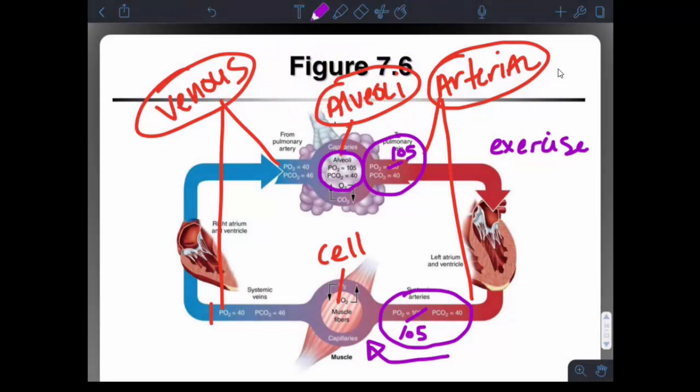Because during exercise, our muscle cells are working, okay? And when our muscle cells are working, they're using oxygen and they're producing CO2. So what we see during exercise is the cells have lower oxygen than they had at rest because they're using it, and higher CO2 than they had at rest because the cells are producing more.